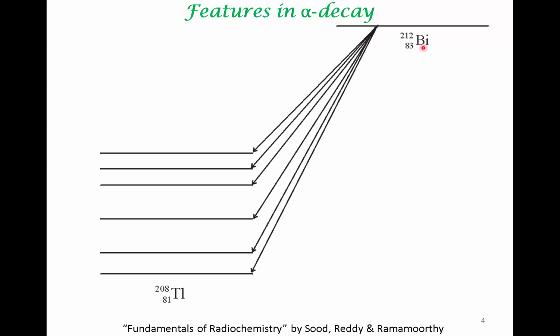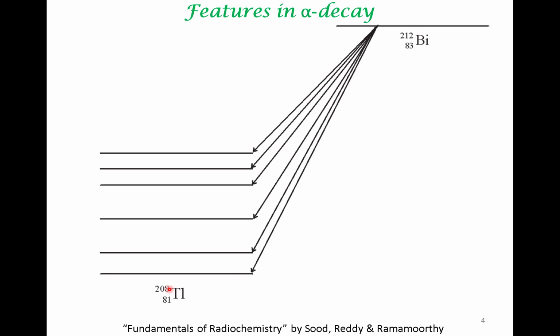Here you have bismuth, a radioactive nucleus, decaying into another element, and there are different energy levels for this nucleus. This is the most stable geometry structure of the nucleus. It has the lowest energy, and these are higher energy structures of the same nucleus. So what is the question we are interested in?